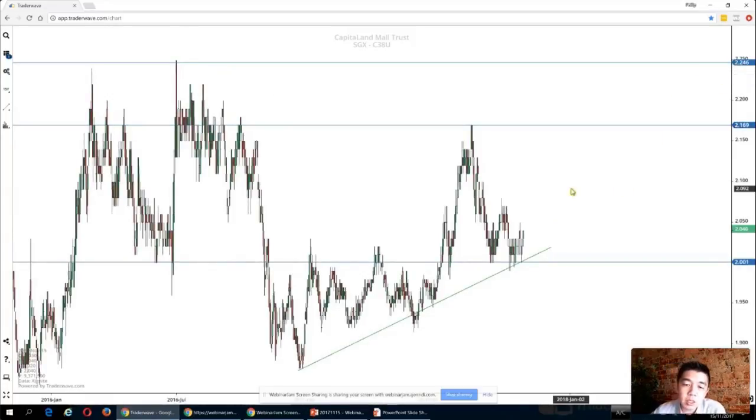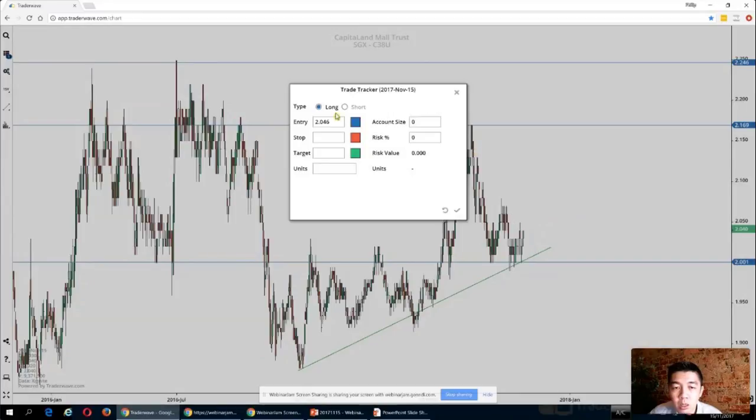All right, so let's say you think that this is a worthwhile trade to get in because it looks like this is a very solid base where it is likely to bounce off from, and this is where of course you can actually start doing a trade based on the last closing price of 204. If you decided to get in at the current closing price, of course you place a stop loss.